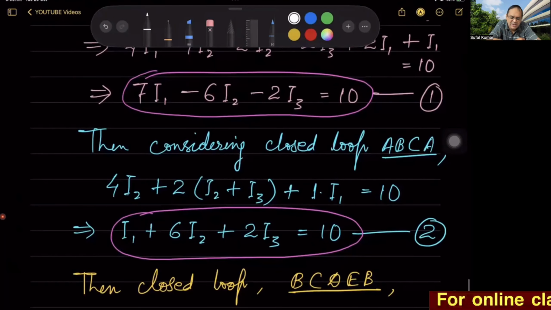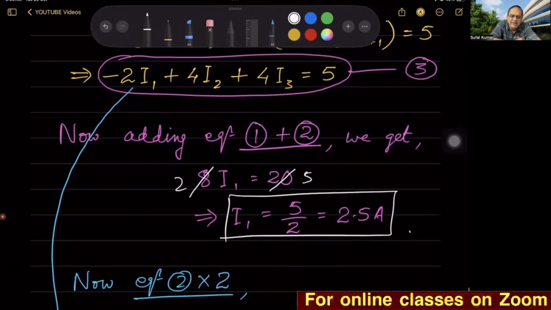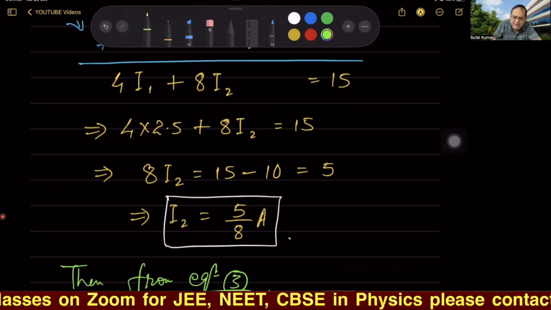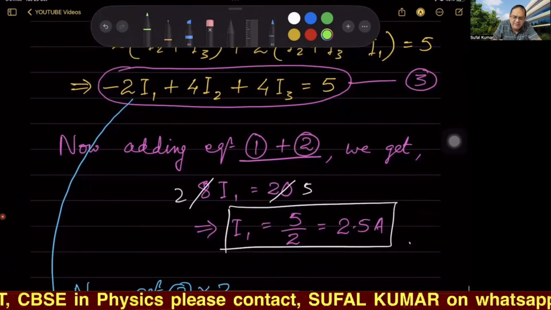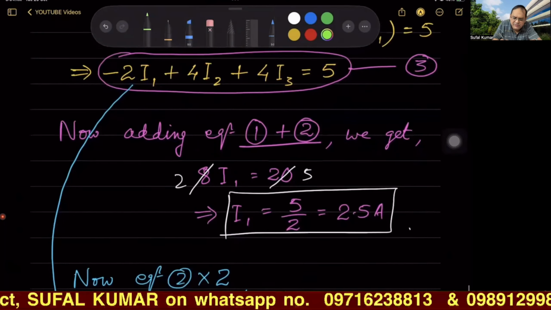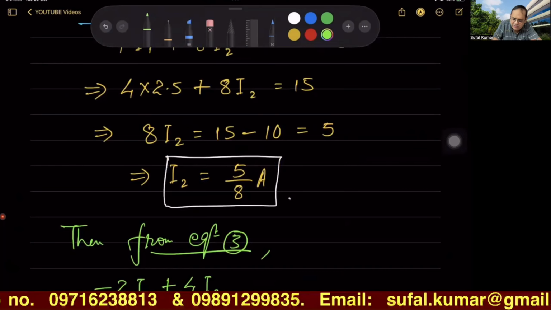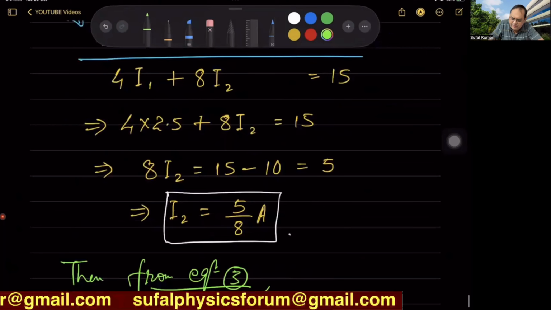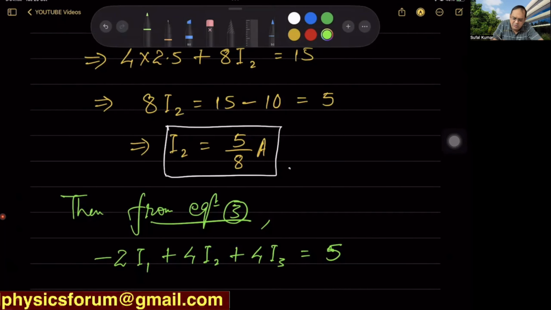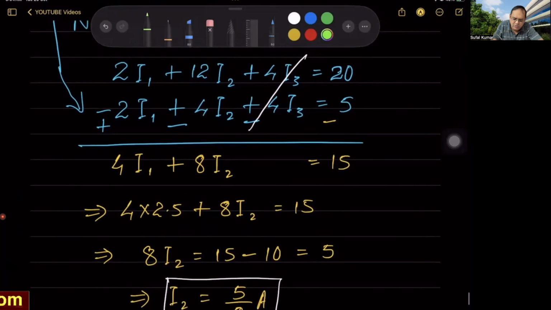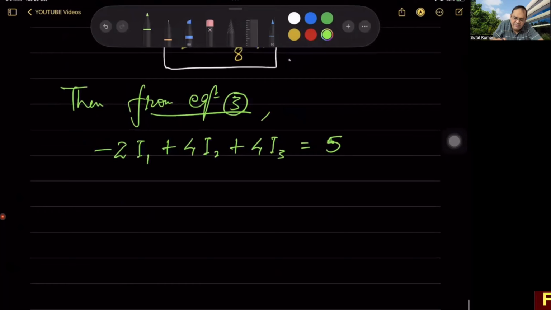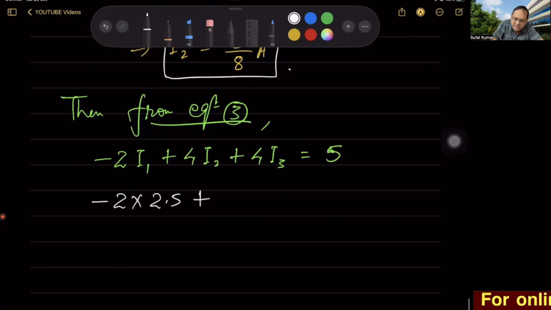So let's pick equation number 3: minus 2I1 plus 4I2 plus 4I3 is equal to 5. Now let's put the values. For I1 we'll put 2.5, for I2 5 by 8.